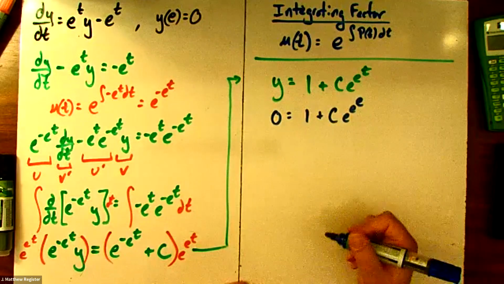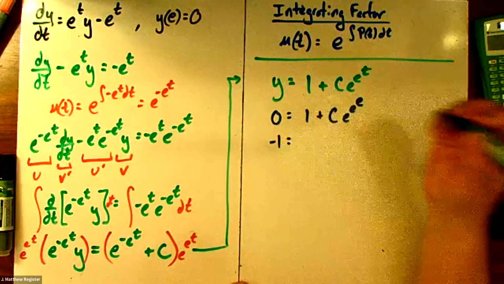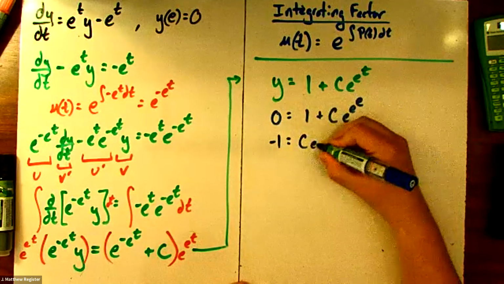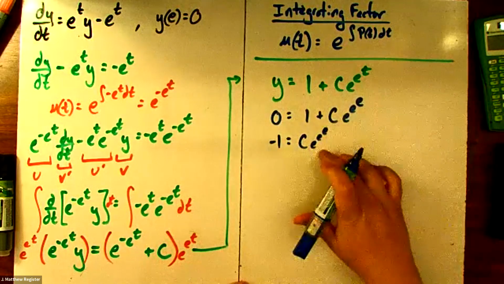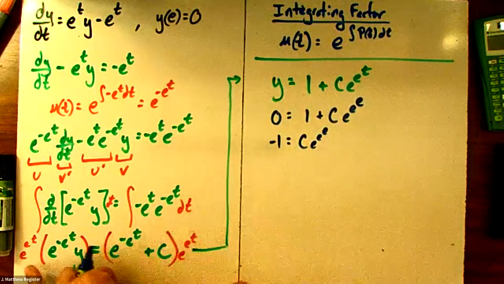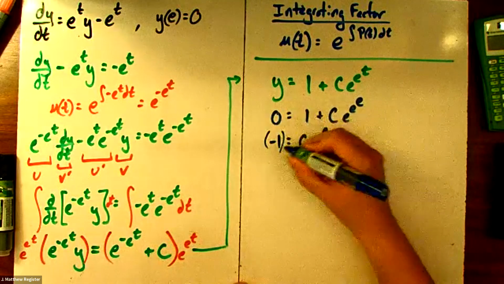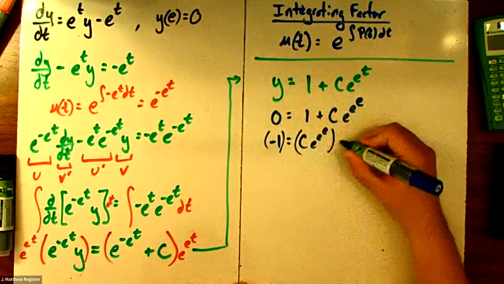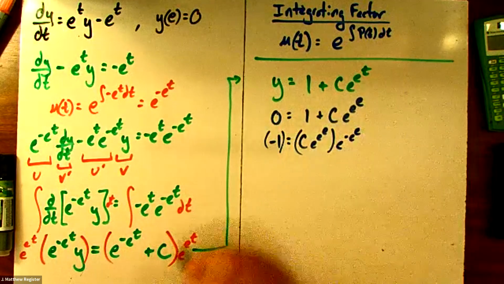Solving for c, we can subtract the 1. So we'll get negative 1 is equal to c e to the e to the e. And then in order to move the e to the e to the e over to the left side, we could kind of use the same trick we had over here where we multiply each side by e to the negative e to the e.